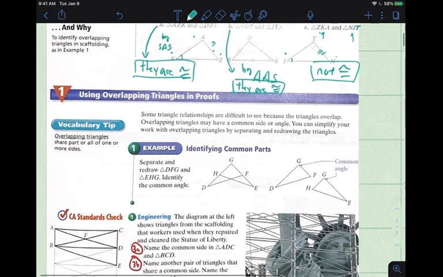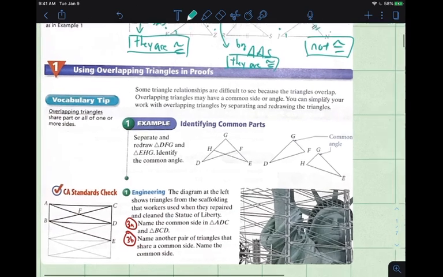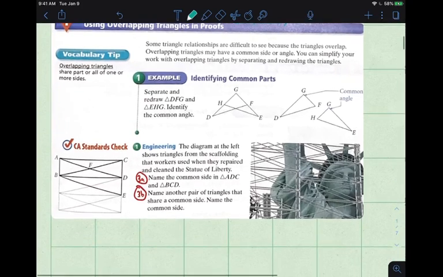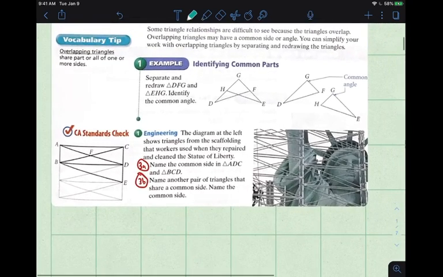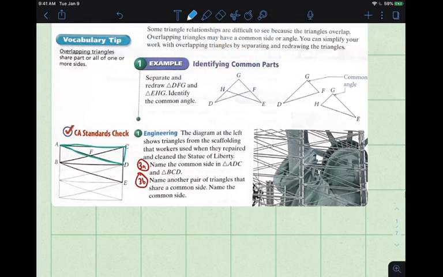Let's scroll down. You had an example here going over congruent parts, or overlapping parts, common parts, more complicated diagrams. And in number 3, you kind of put this into practice. Your diagrams are getting more complicated now for you to identify congruent triangles. So name the common side in ADC, looks like this, ADC, and maybe I'll change colors, and BCD.